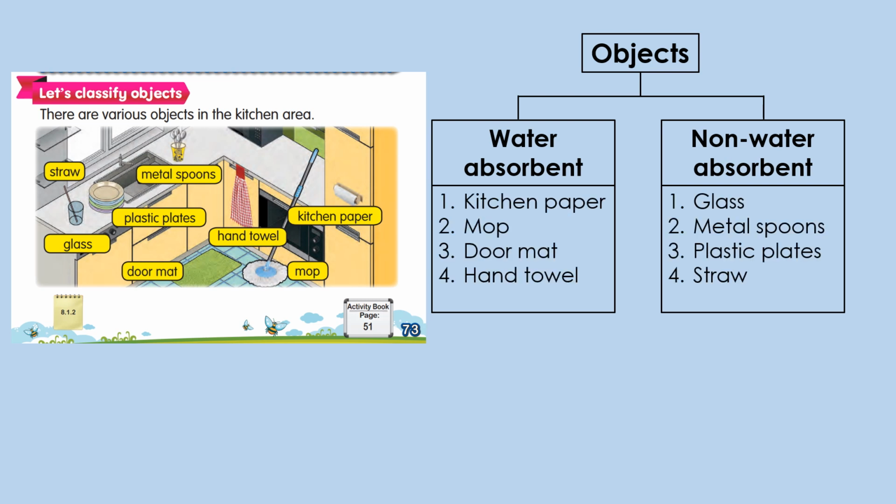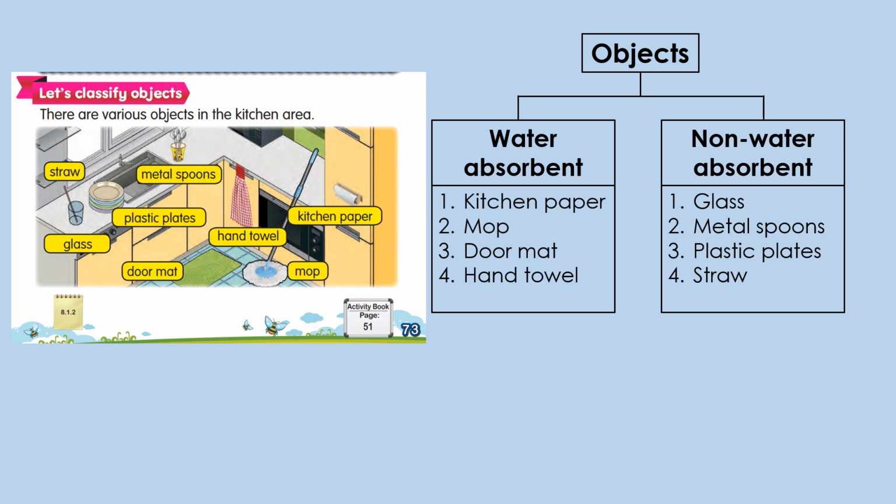Write like this. Object, water absorbent: kitchen paper, mop, doormat, and hand towel. And non-water absorbent object: glass, metal spoons, plastic plates, and straw.